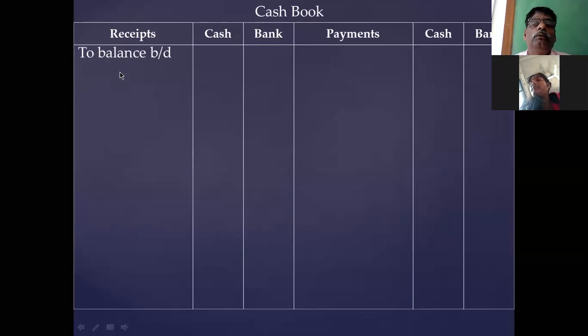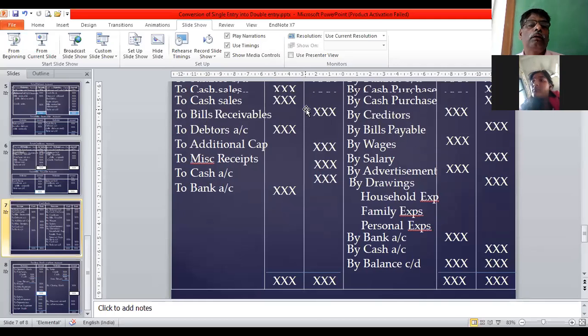To balance brought down. To balance brought down. You write in the cash column and also the bank column. To balance brought down means cash in the bank, and if there is cash, you write it in the cash column also. I have not marked it in the cash column, no problem, I'll mark that.